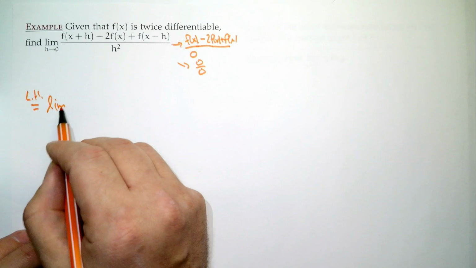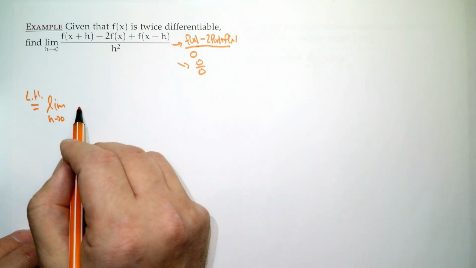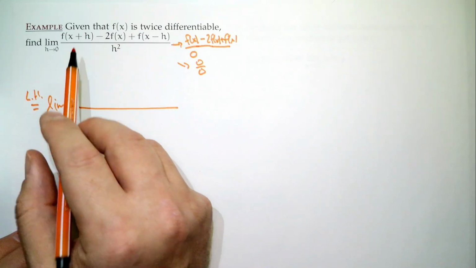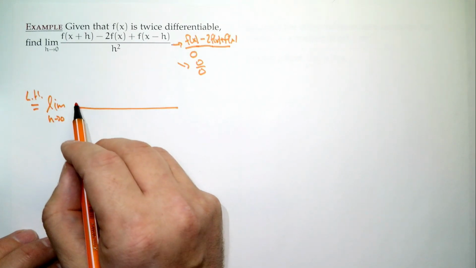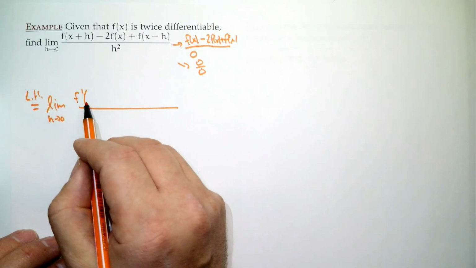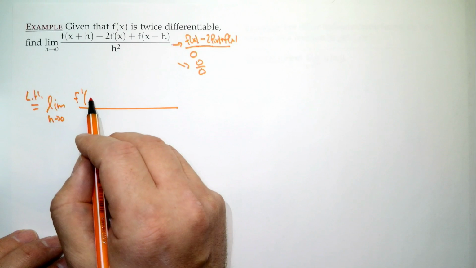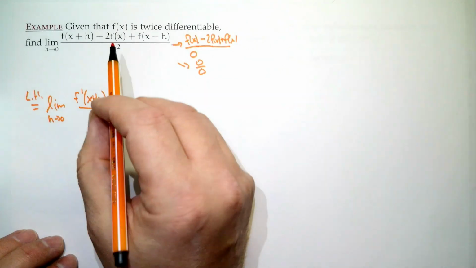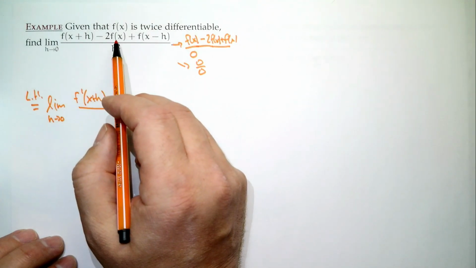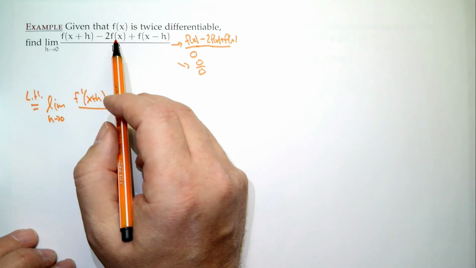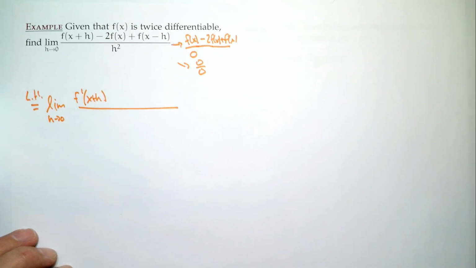Okay, so this is by L'Hopital. Limit as h goes to 0 of, let's go through, what's the derivative of the first term? f prime of x plus h. What's the next term? Is it negative 2f prime of x?